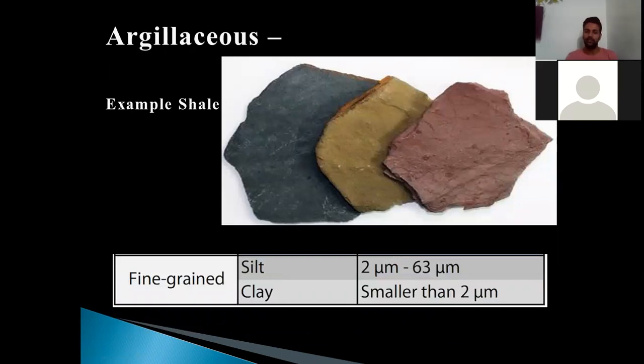The well-known example is shale, and it is the finest grained rock you may ever get. You can see the grain size, which is much lower. It is 2 micrometer to 63 micrometer for silt, and for clay it is smaller than 2 micrometer, which is very fine. You are not even able to see the grain size by the naked eye. You need the assistance of a microscope.